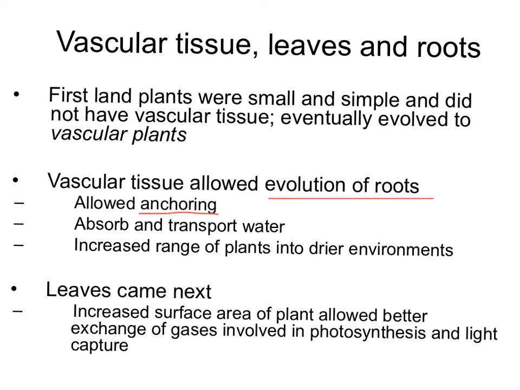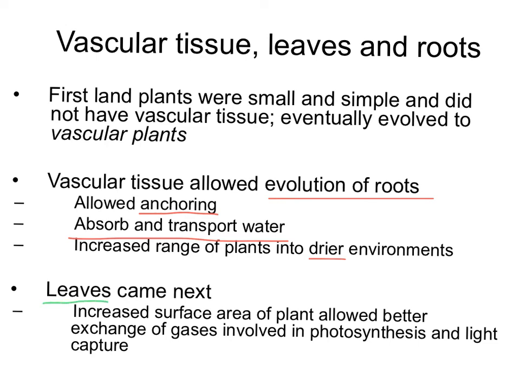Roots, of course, are really important in absorbing water. These root systems can now access water from places further away, which also means that plants can now survive in environments that are drier. So we have our vascular tissue, we have our roots, and we also have leaves.